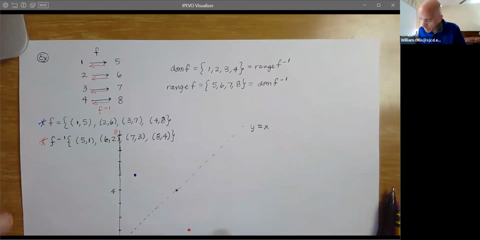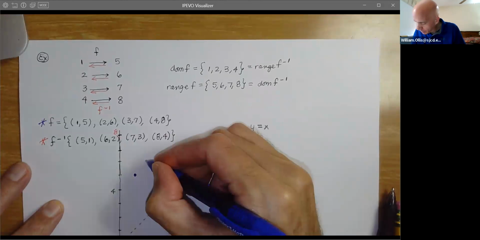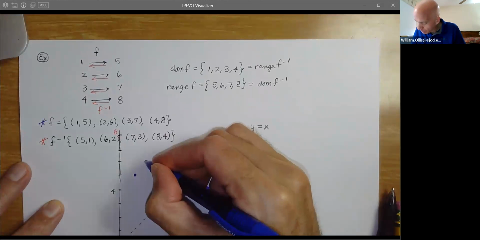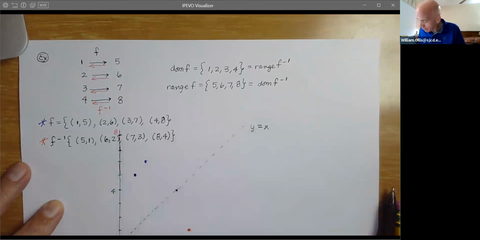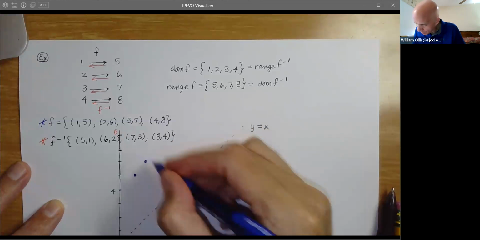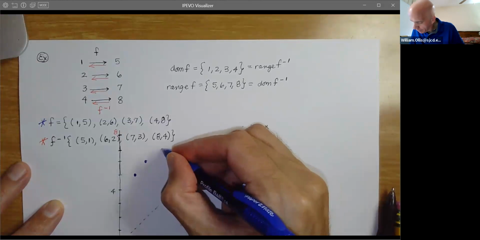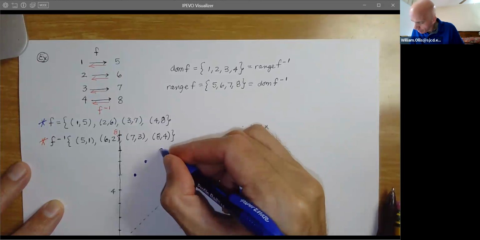And then 2, 6. So 2, kind of eyeball it. Not going to be perfect, but it'll be fine. 2, 6. And 6, 2. Now 3, 7. So this 3 and then the 7, just kind of eyeball that.